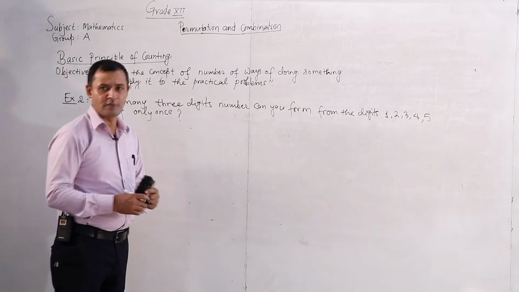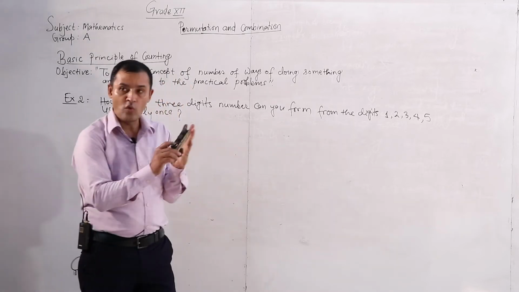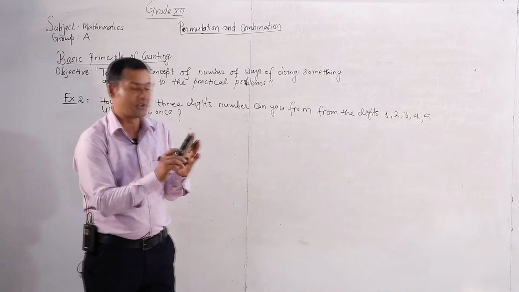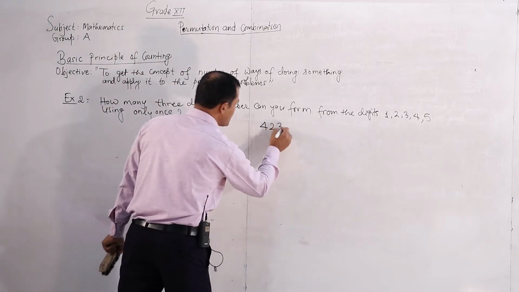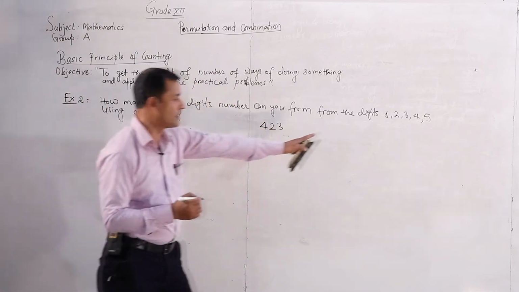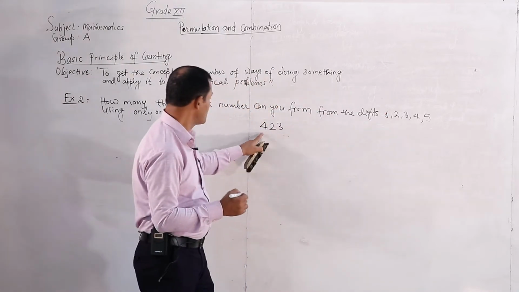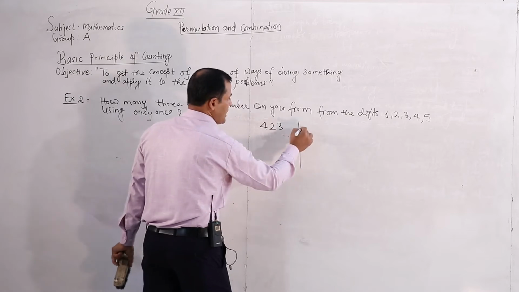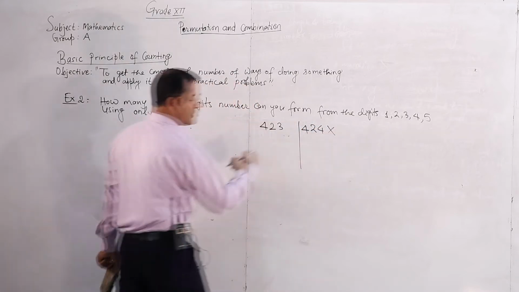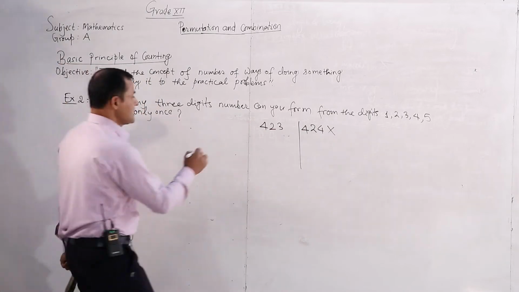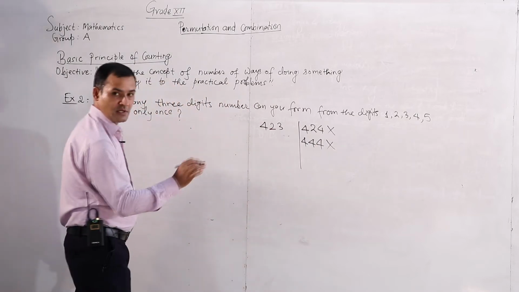3-digit means, as we know, let's go to the place value: ones, tens, hundreds. So we are making numbers like 423. This is a 3-digit number using the digits only once. 424 is not allowed because 4 is coming twice. 444 is not allowed, 4 is coming thrice.